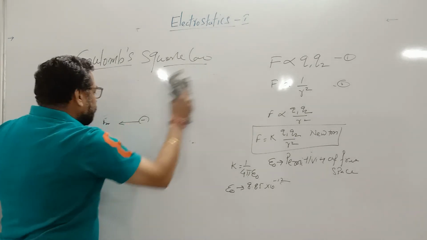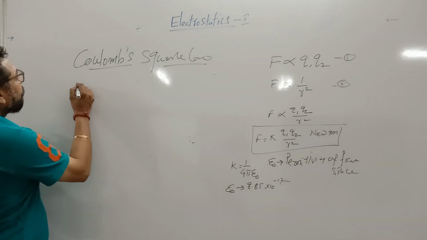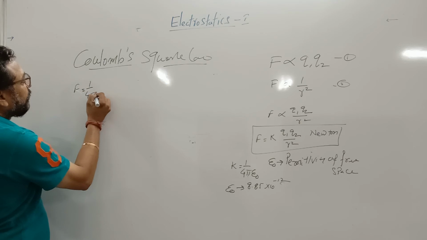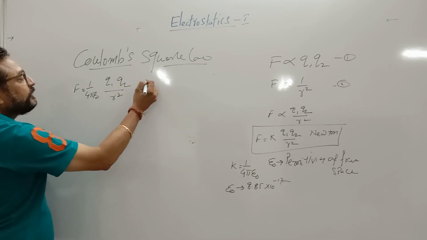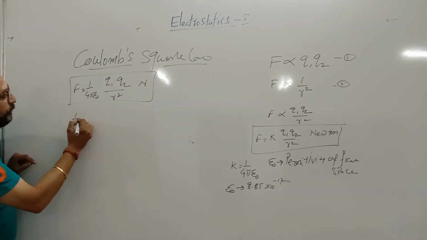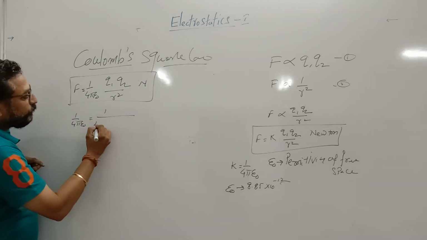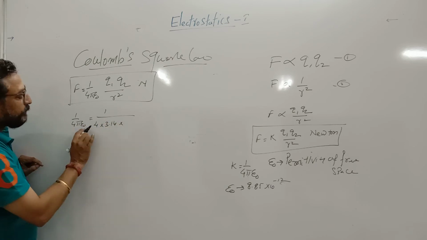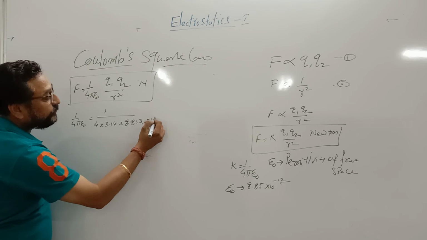Then put the value. The formula is F is equal to K, where K is 1 upon 4 pi epsilon naught, times Q1 Q2 upon R square, in Newton. We know that the value of 1 upon 4 pi epsilon naught is equal to 1 upon 4, the value of pi is 3.14 and epsilon naught is 8.85 into 10 to the power minus 12.